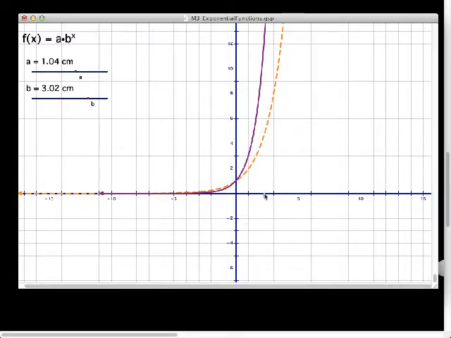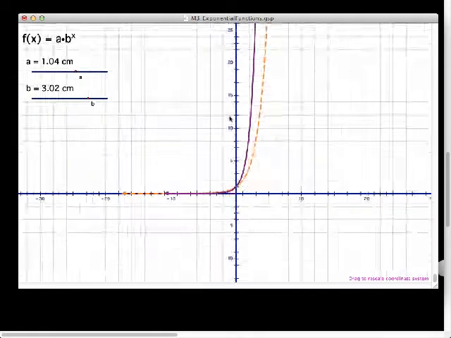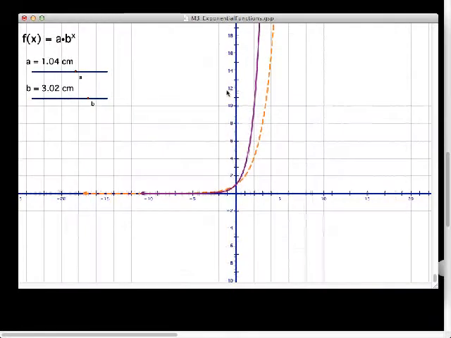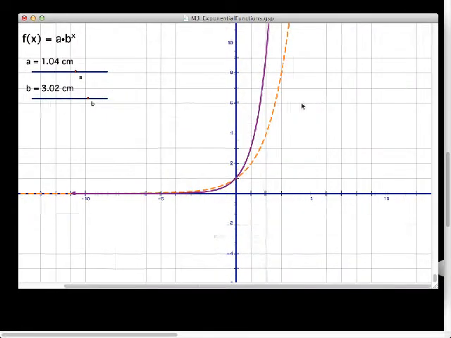When I plug in 2, instead of doubling each time, it's actually going to triple each time I move over a unit. So it should cross somewhere around 9-ish, which it does. If I plug in 3, I would triple 9, and it should cross where? 27. Yeah, all the way up at 27 is where it would end up crossing.